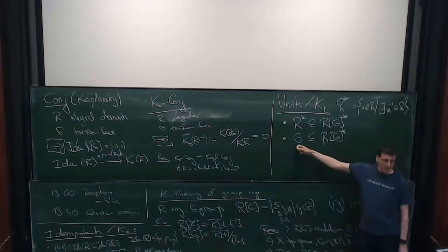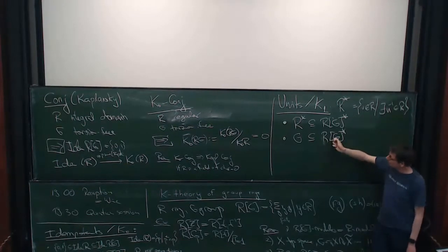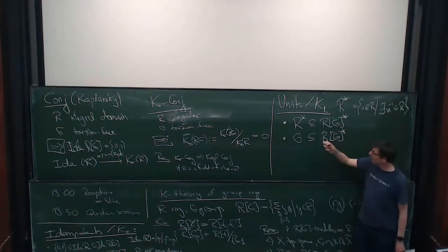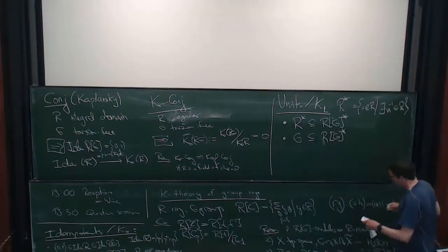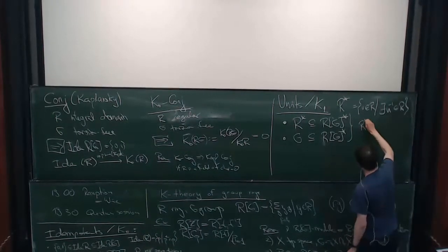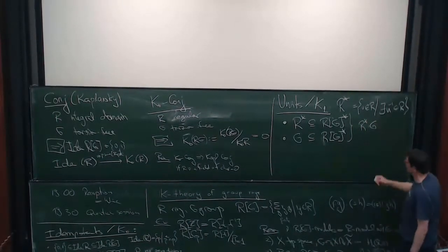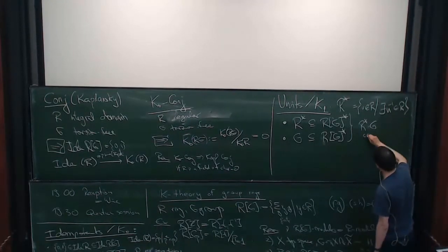Every element in the group is a unit in the group ring. Basically, when we formed the group ring, we added the group as units to the ring. And those combined give us products of units in R and elements in the group, and those are called canonical units.